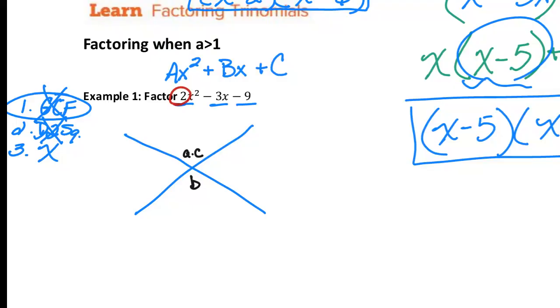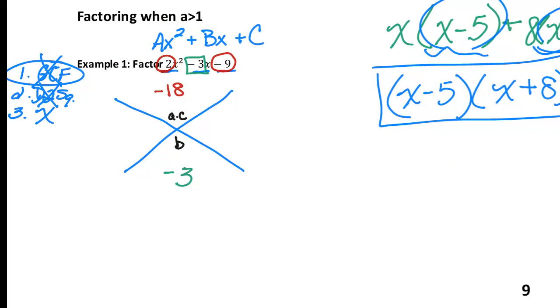This is a. This is c. 2 times -9 is -18. My b value is what? What's my b value, guys? -3, right? So it is just the same as what we've been doing before.